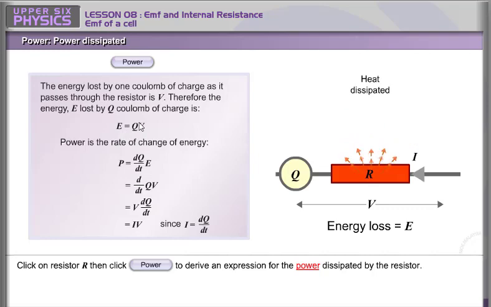This is based on the definition of potential difference just now: V equals E over Q, so E equals QV.